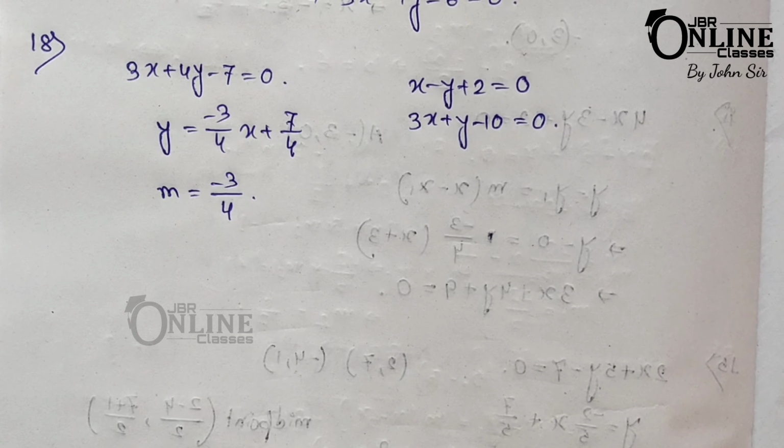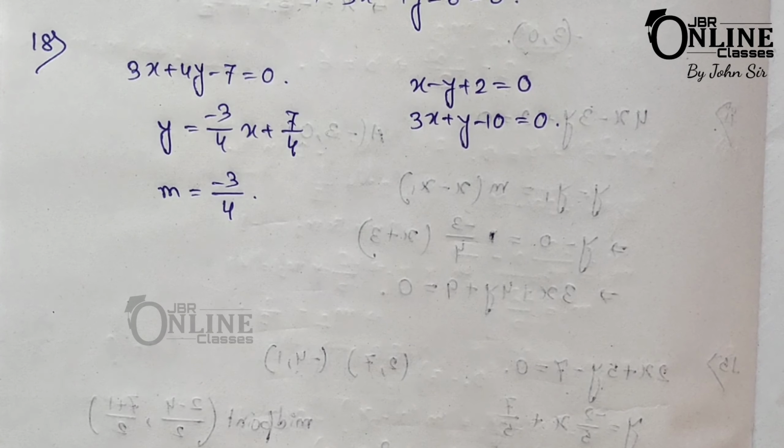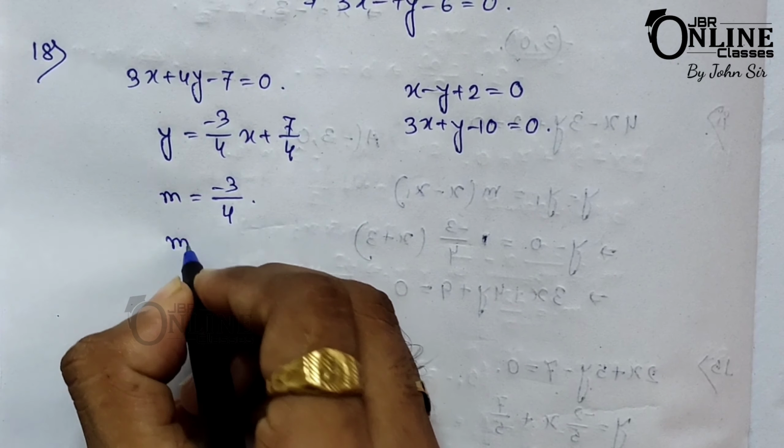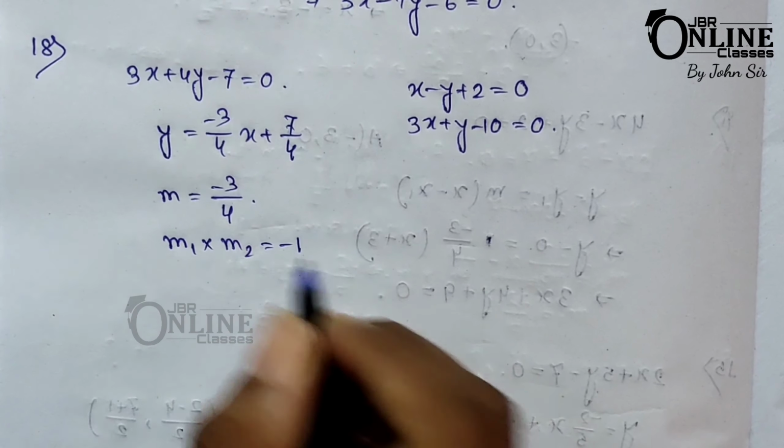Now next, you have to find the equation of the line perpendicular to the given line and passing through the intersection of these two lines. First you have to find the slope of the second line. If these two lines are perpendicular, then m1 times m2 equals minus 1.